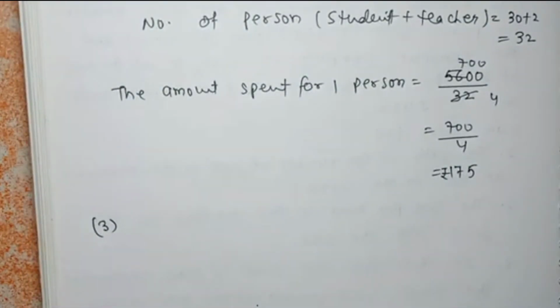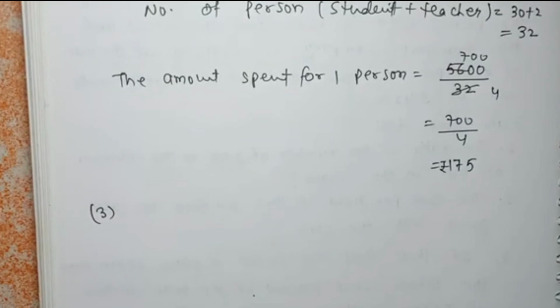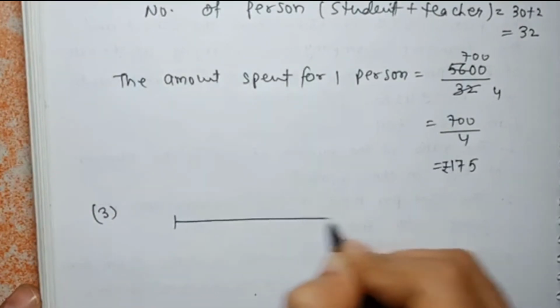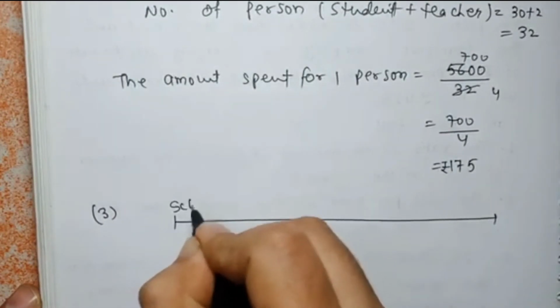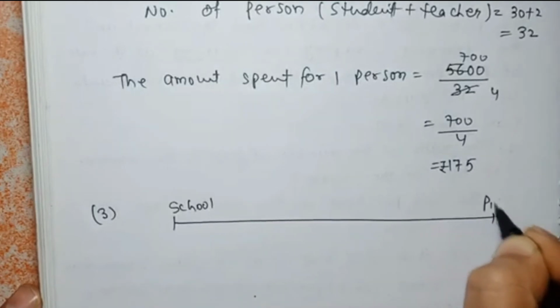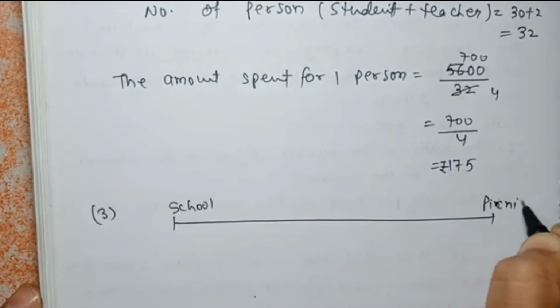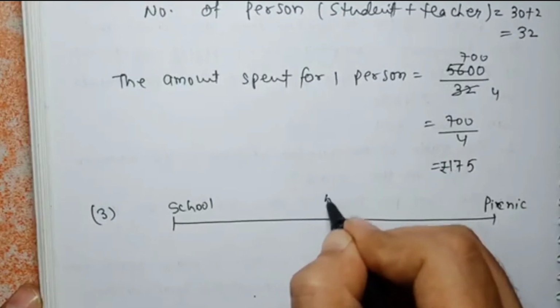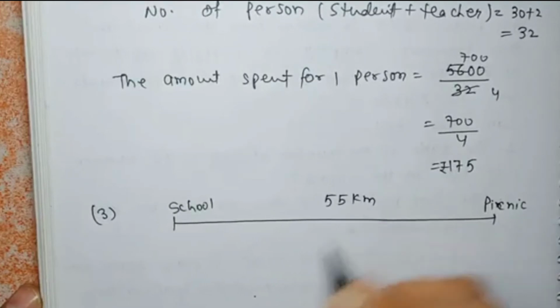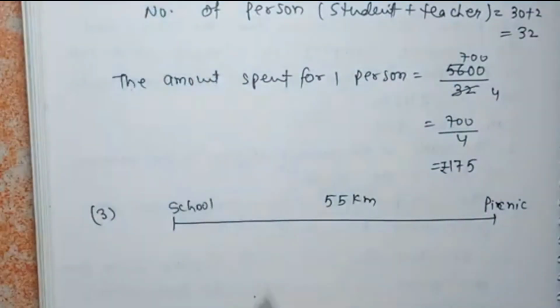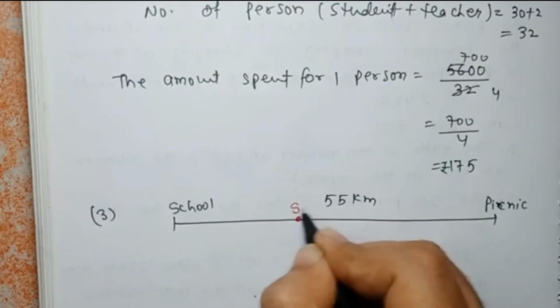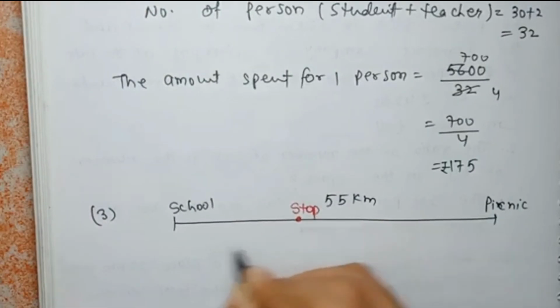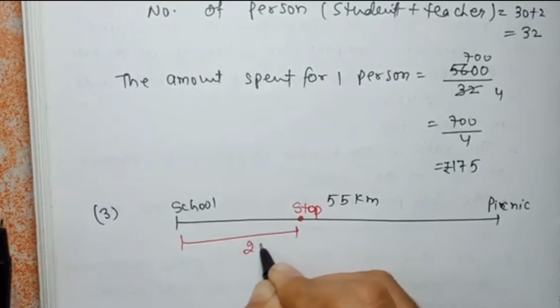Next, the third one. Here the third question is given. We have to go from school to the picnic place. The total distance given is 55 kilometer. When we go, we have to stop at one place, and that stop is 22 kilometer from the school.